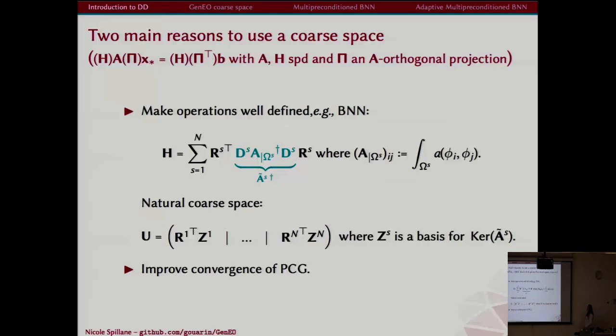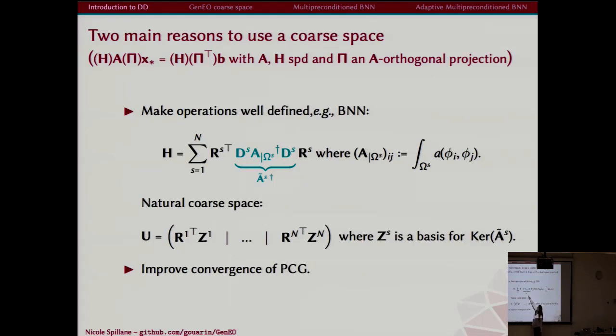Okay. So why do we do these two-level methods? Well, there are two main reasons to use a coarse space. The first one is to make operations well-defined, or what I mean by that is that I sort of cheated before when I introduced the BNN preconditioner because I introduced this operator here.